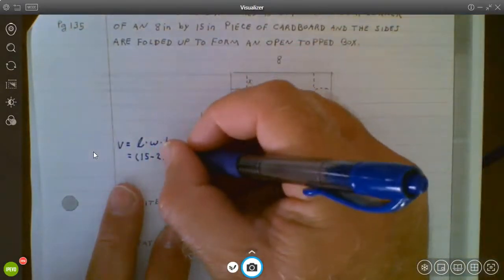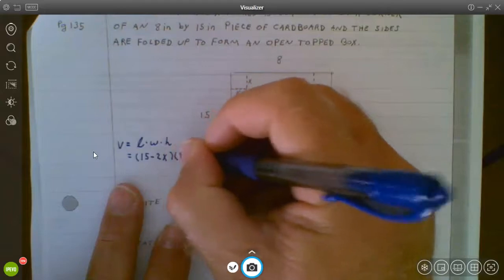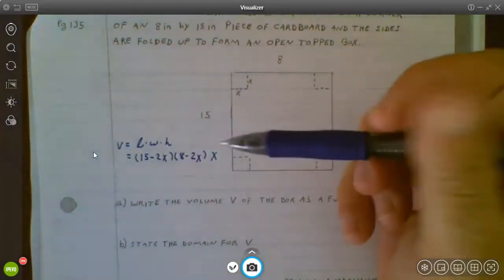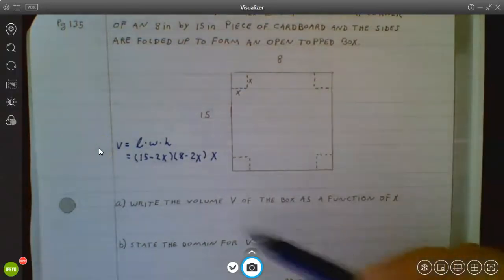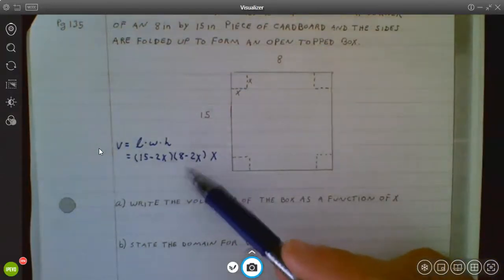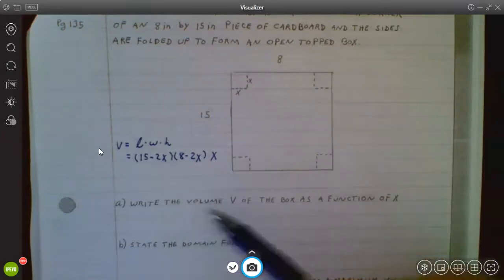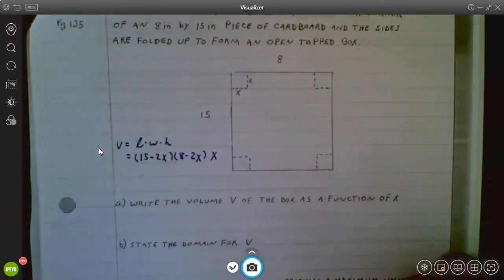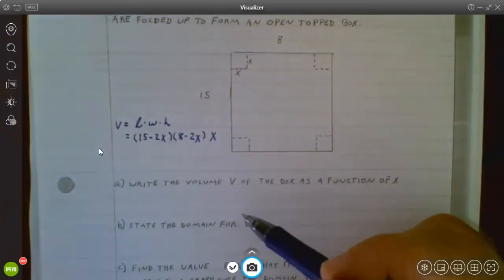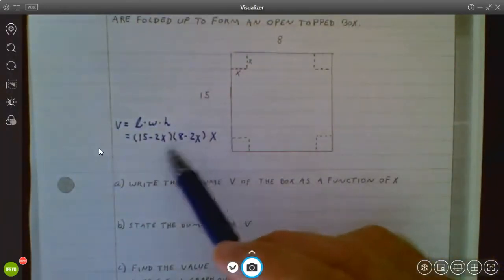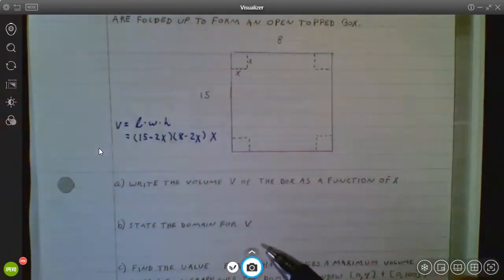So 8 minus 2x. And so that's what we're subbing into our volume formula. So it looks like this. We could distribute here in order to clean things up a bit, but I don't know that you need to if it doesn't say to, or if it doesn't help you with another part of the problem. So for now I would leave it like this.